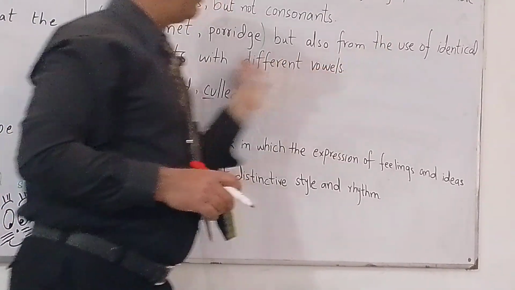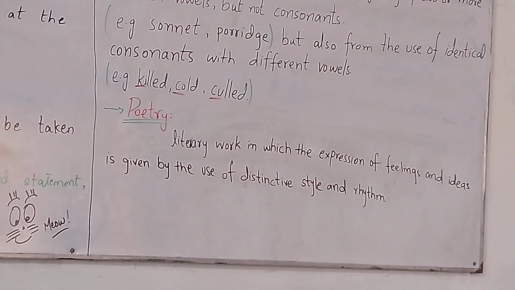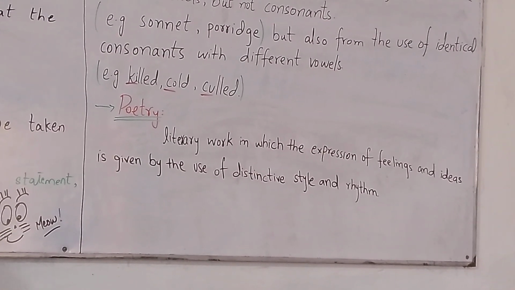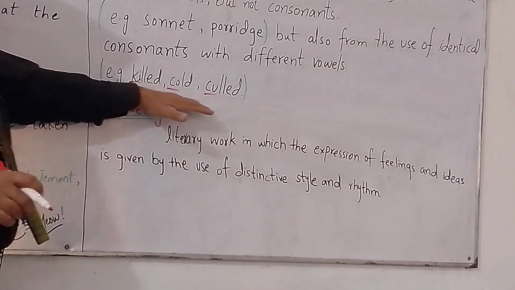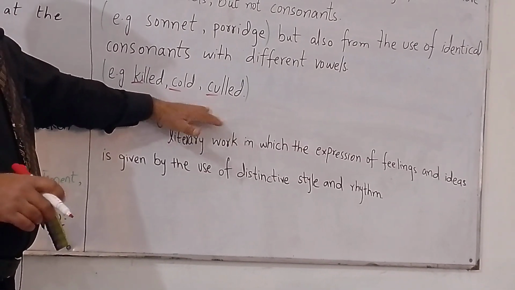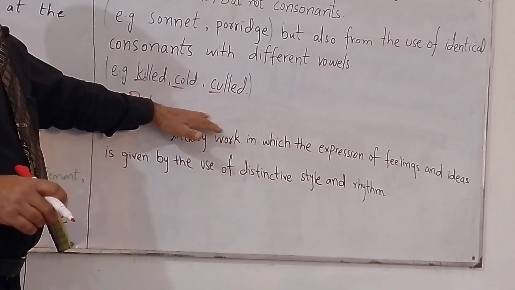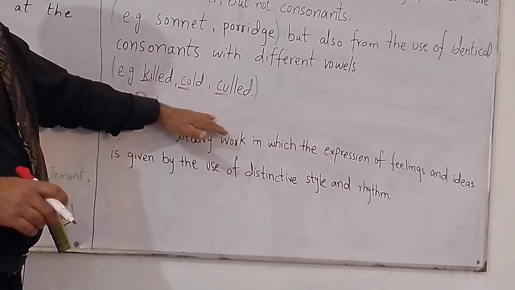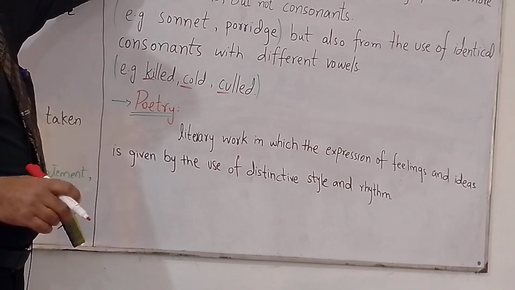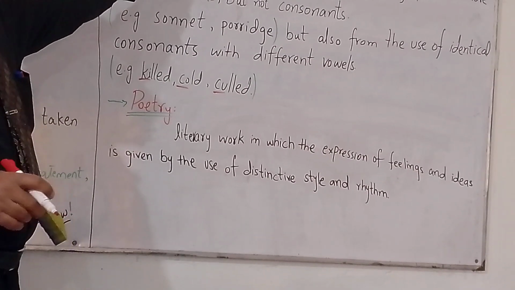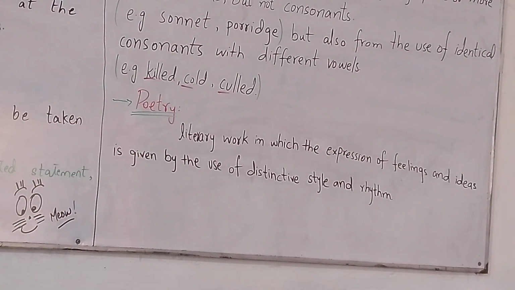Forget about this all. You'll be confused. Don't be confused. Just look for the sounds. If the consonant sounds they are in the beginning, it means that is what? Alliteration. If they are in the end, it means that is consonance.